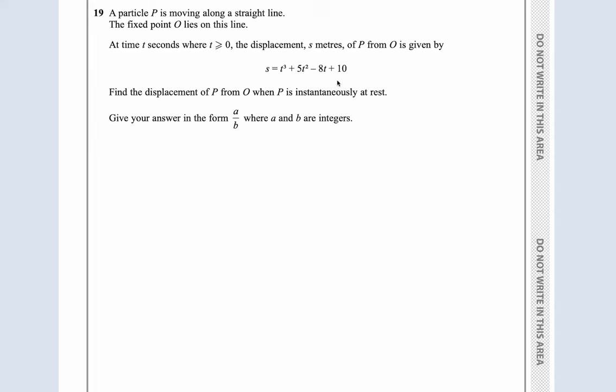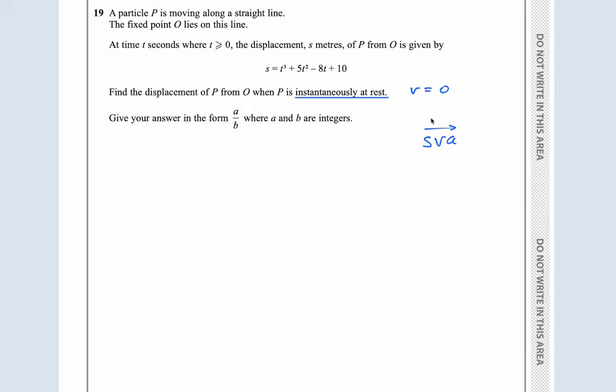Okay, so instantaneously at rest, that means velocity is equal to 0. So we need to find when is the velocity equal to 0. So guys, I have this little SVA, displacement, velocity, acceleration.